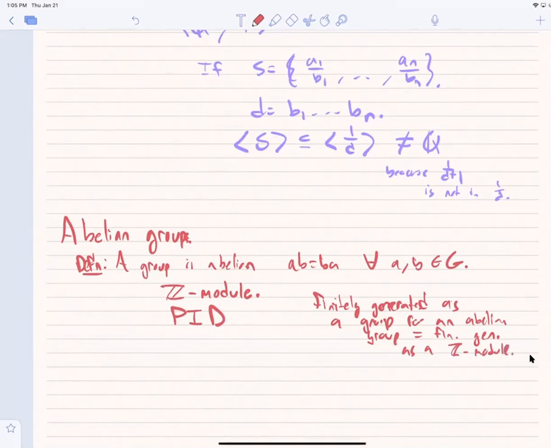I mean, essentially by definition, the Z module generated by a set of elements is just the smallest Z module containing them. It's the same definition as for a group, and since Z modules and abelian groups are the same thing, these notions are the same. And so, what's the big theorem about finitely generated modules over principal ideal domains?